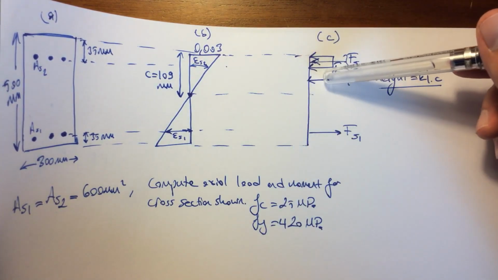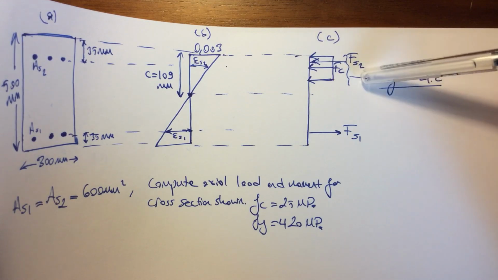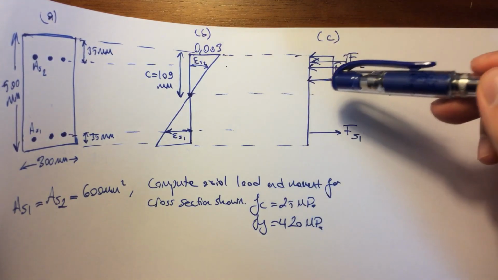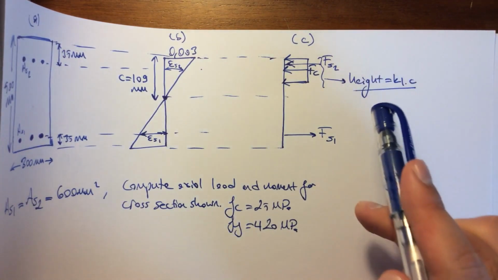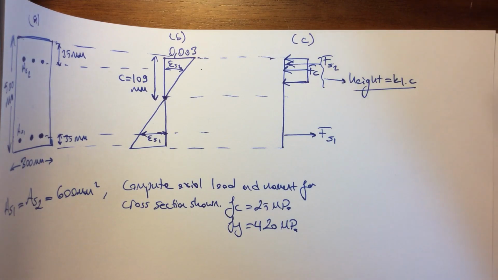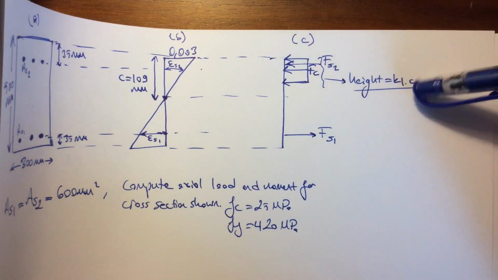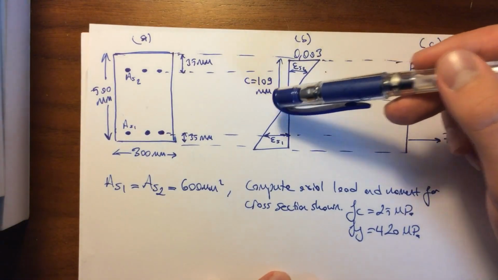And the concrete will also have the same direction as the second steel layer force. The depth of the concrete layer will be equal to K1C, and in this case K1 will be 0.85 unless otherwise stated, and we know the C, which is the neutral depth, given as 109 millimeters in this question.